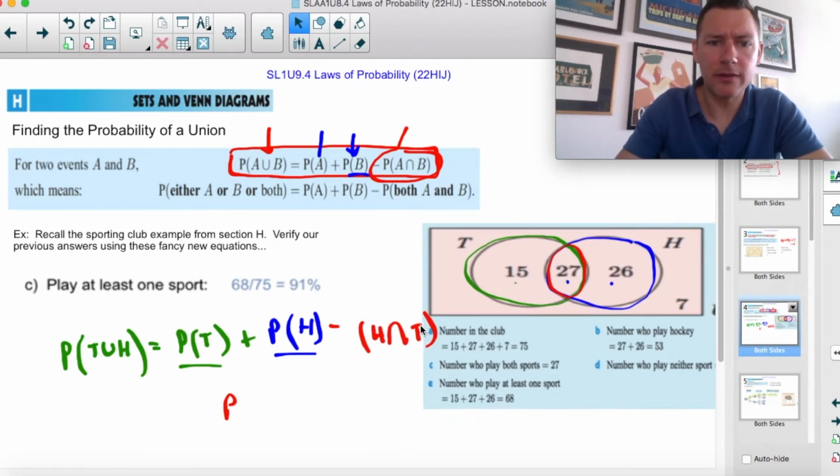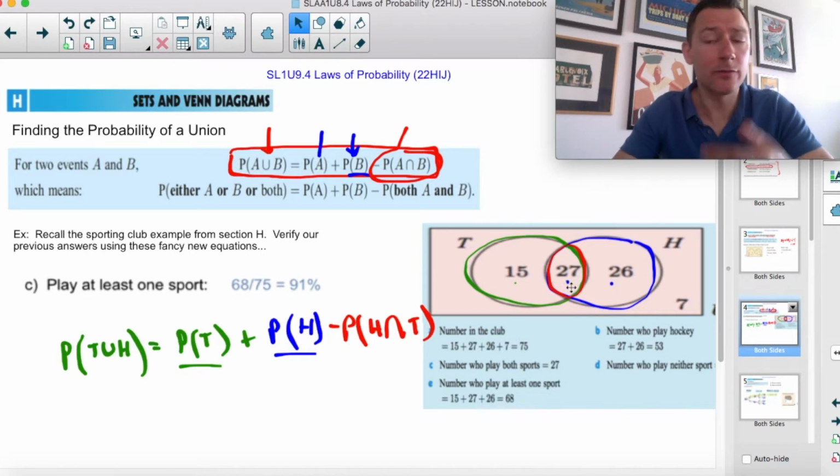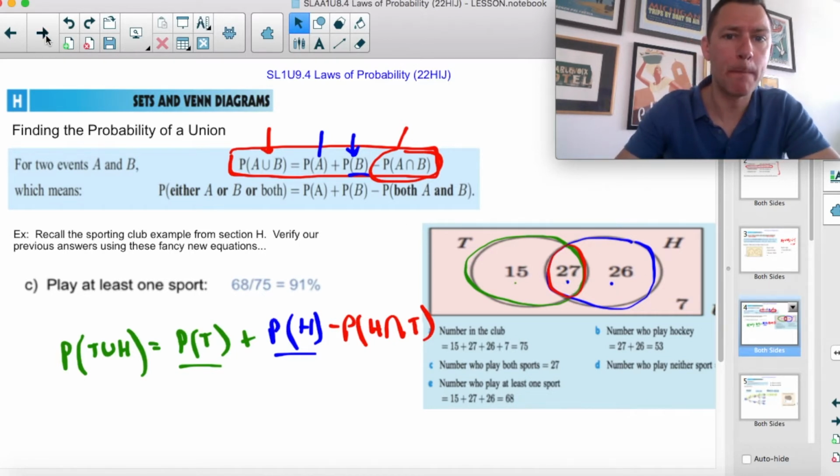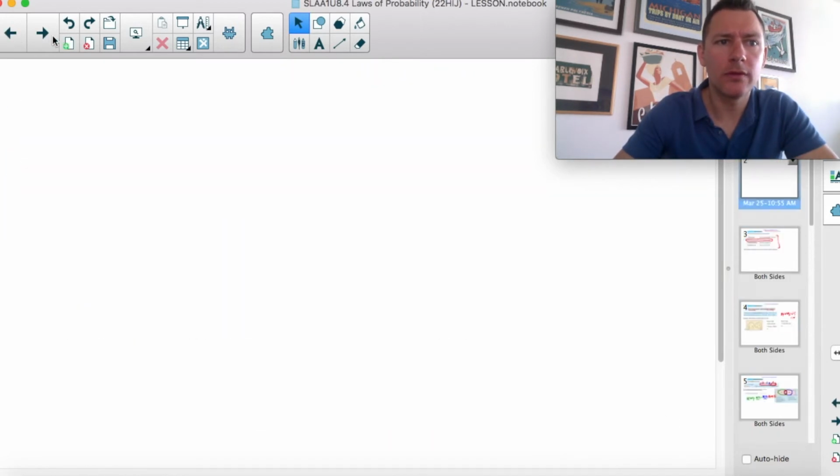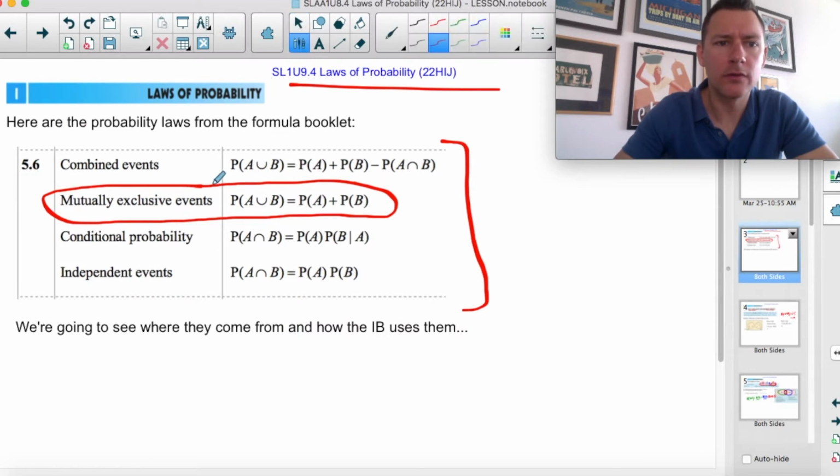Cool, so that's what that means. So probability of one plus the probability of the other minus what you've double counted, essentially. Okay, so that's this one.